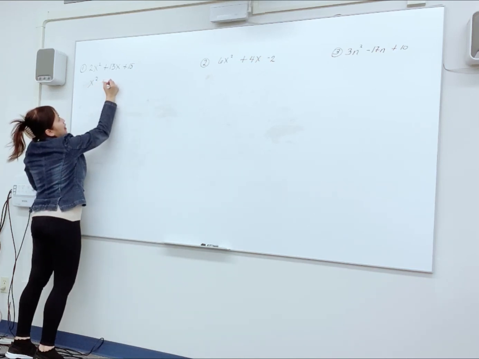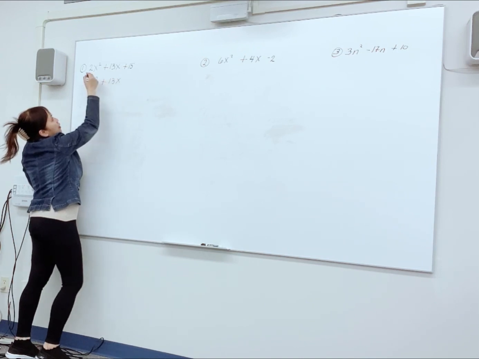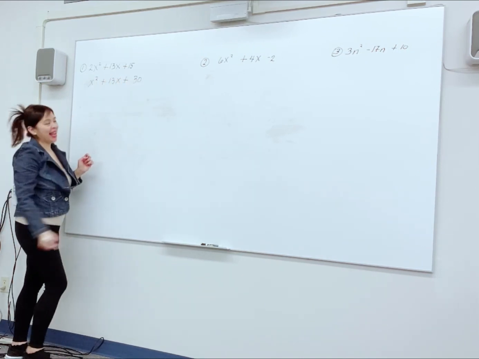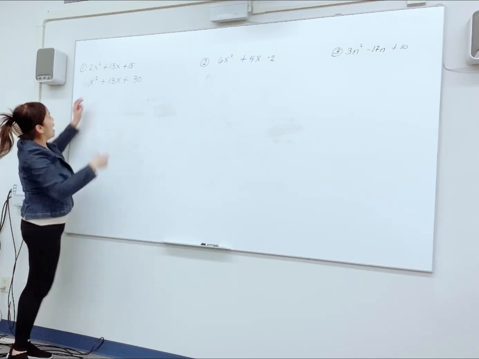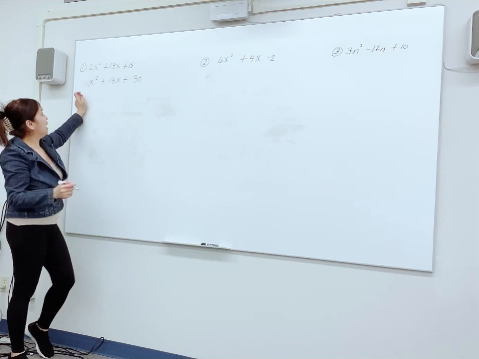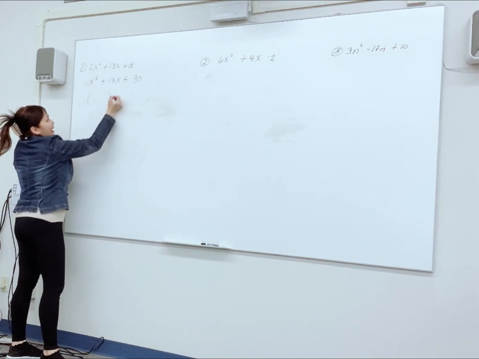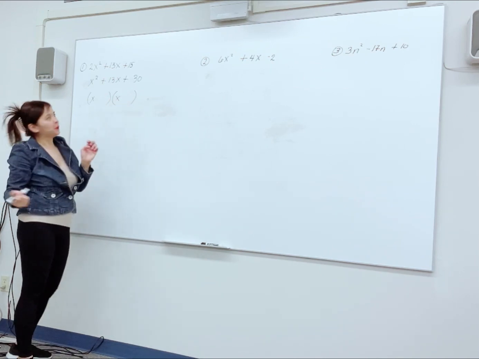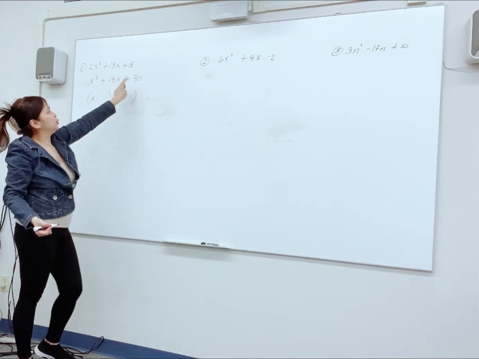Now, plus 13x, and then 2 by 15 is equal to 30. Now, there's no more distraction because this is equivalent to 1. X squared is just like x and x, right?